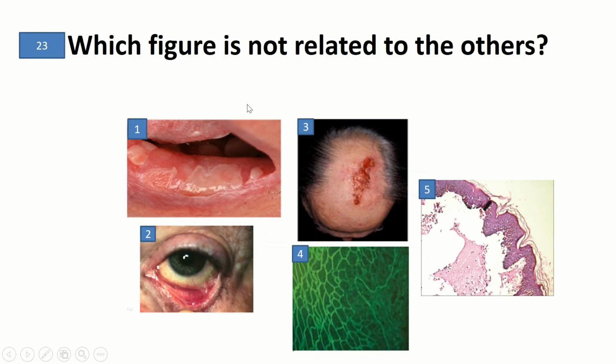And here, which figure is not related to the others? Lip involvement, eye involvement. These figures are indicative of cicatricial pemphigoid. As said before, all forms of cicatricial pemphigoid are characterized by subepidermal bulla with the predominance of the roof except the anti-epiligrin subtype that is characterized by the predominance of the floor.